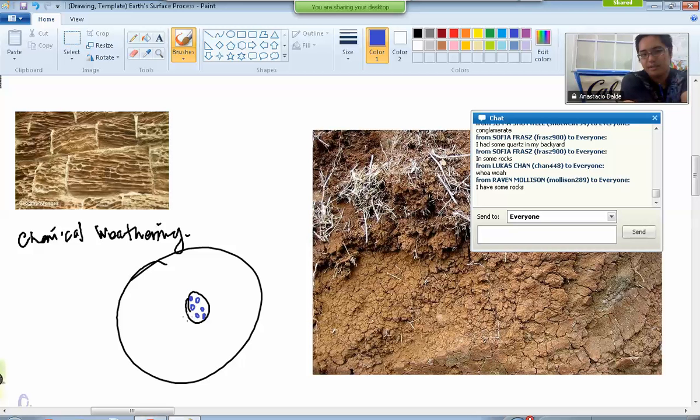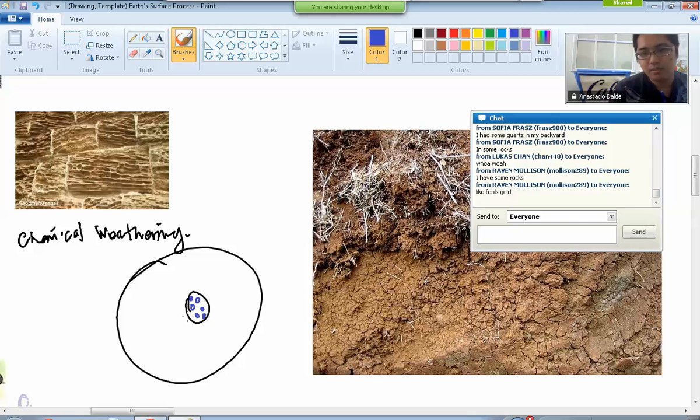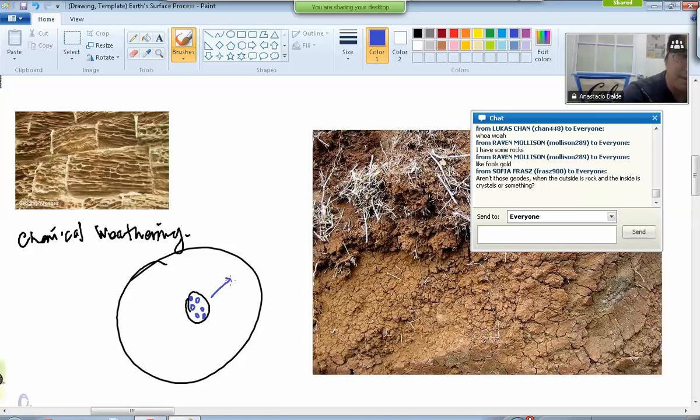Now, when you're talking about deep down into Earth, these minerals are very stable. But when these rocks are pushed up to the surface of the Earth, minerals are very unstable, right?